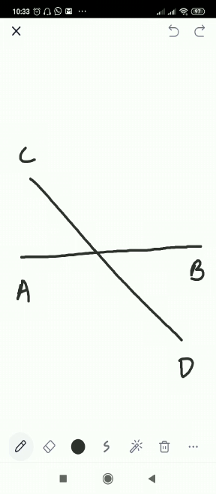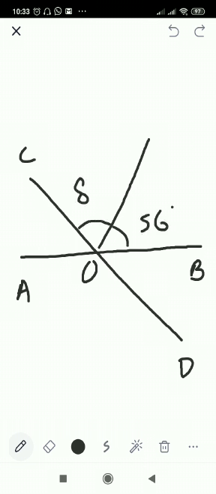You can see that AB and CD intersect at this point, which is point O. There is another line here which forms two angles, one is 56 degrees and one is 81 degrees.